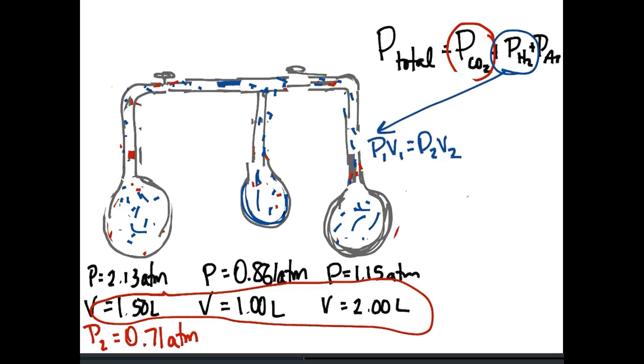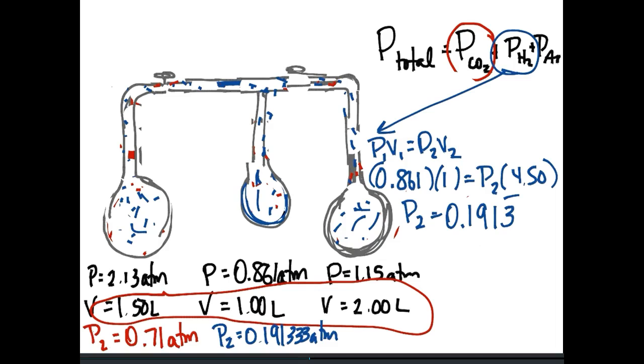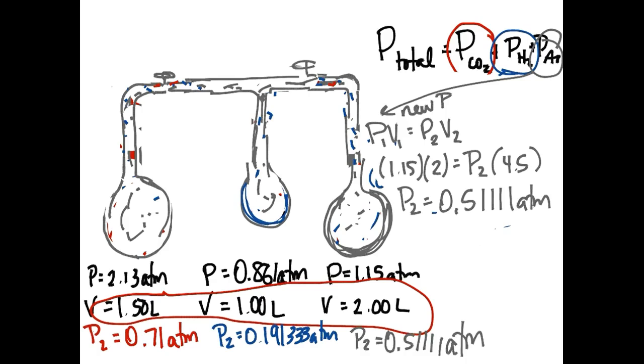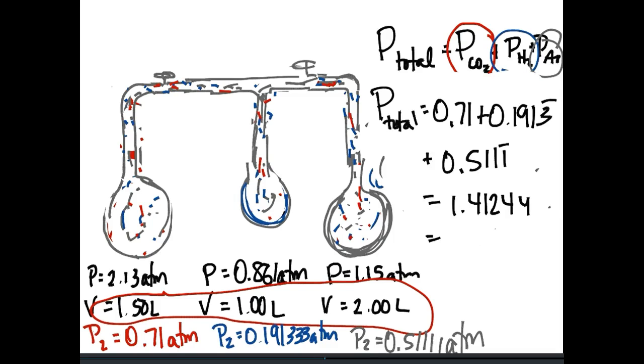We calculate the new P2, and that's 0.1913 atmospheres. And argon, if we allow that to expand, we get a new P2 of 0.5111 atmospheres. Now we're going to add them all together and figure out the overall pressure when we think about all of them in there together, which is the sum.